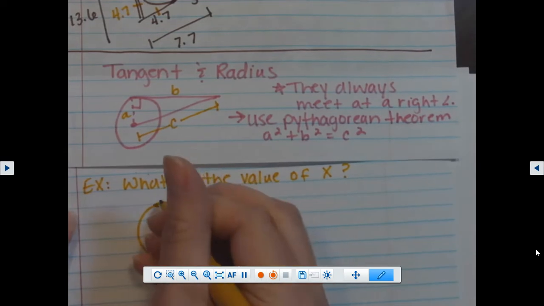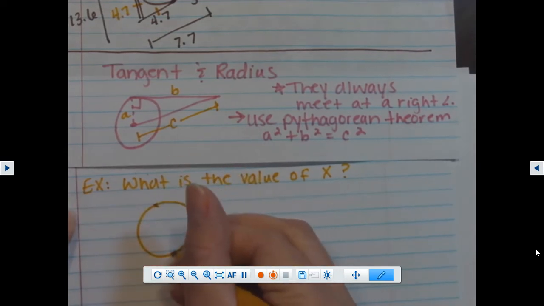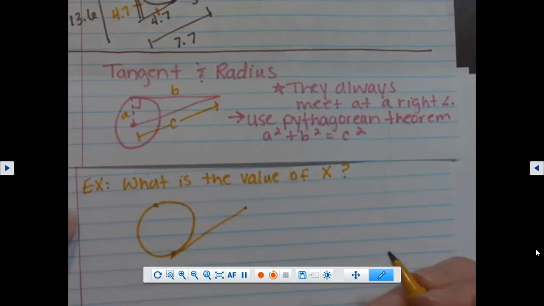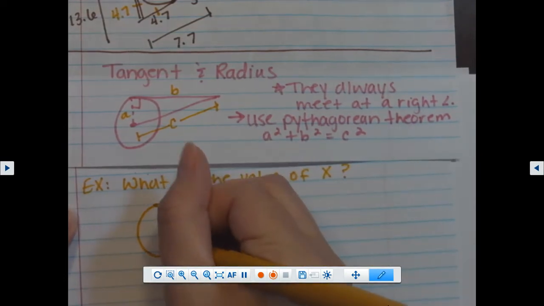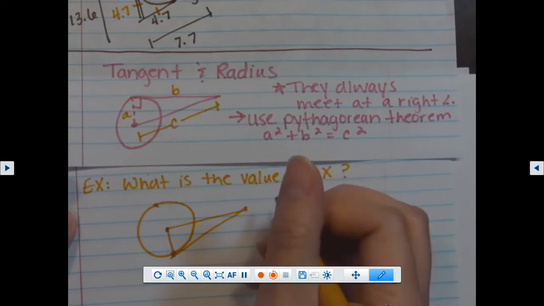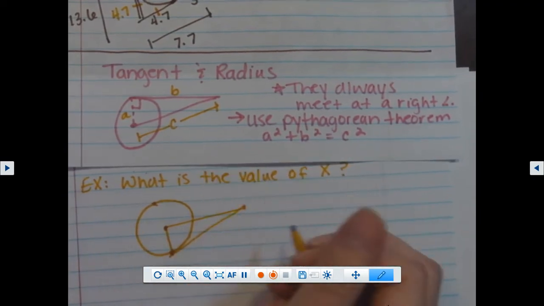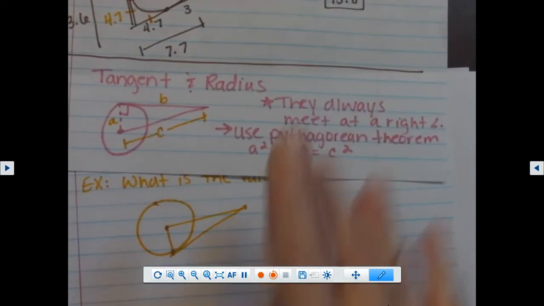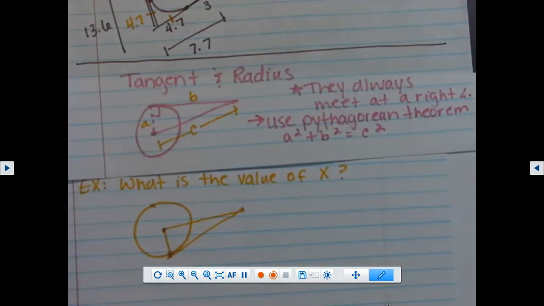And typically when they have these problems, they'll say, if the line appears to be tangent, it is tangent. So you can assume that this line is tangent. Didn't do a great job of drawing this one either, unfortunately.